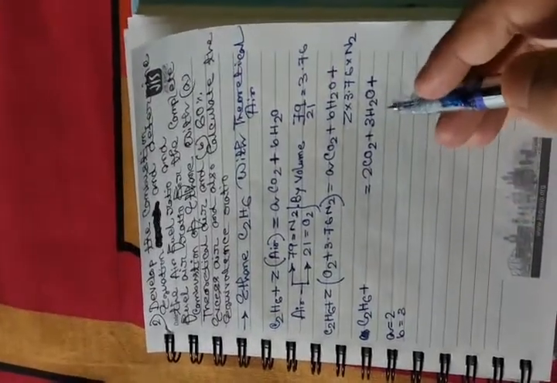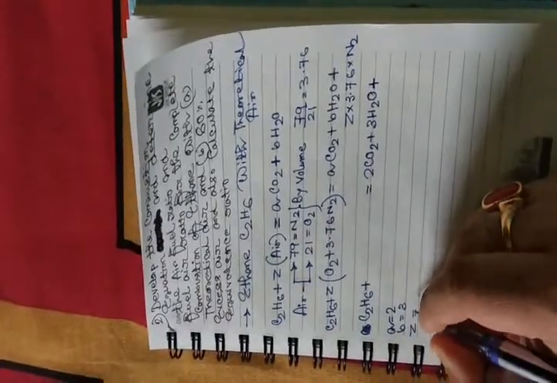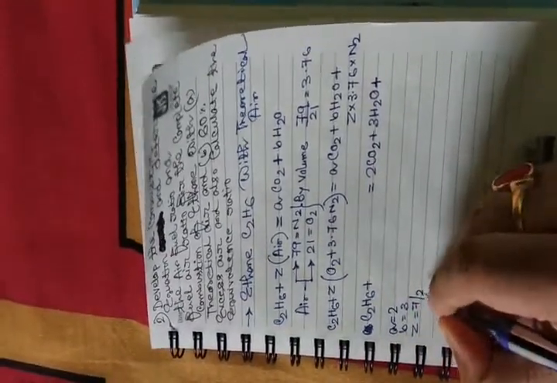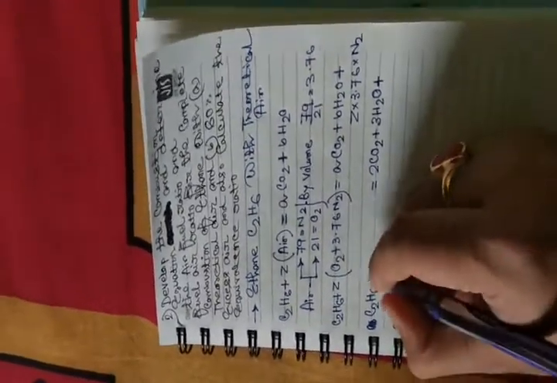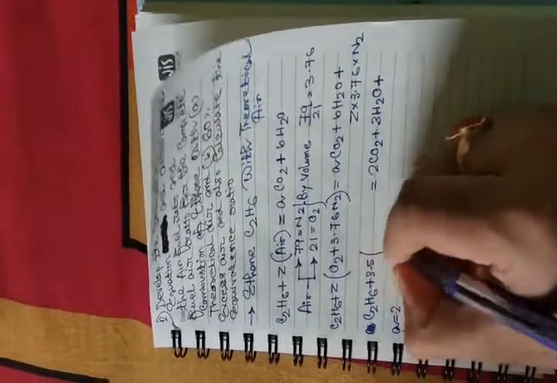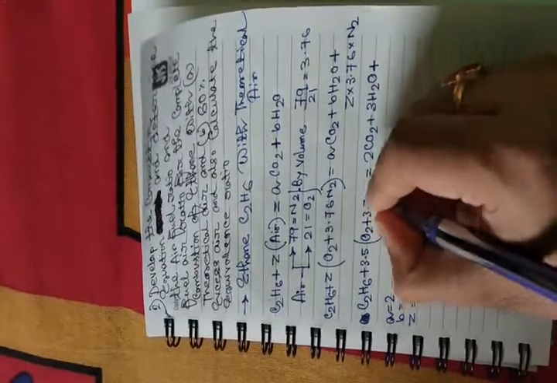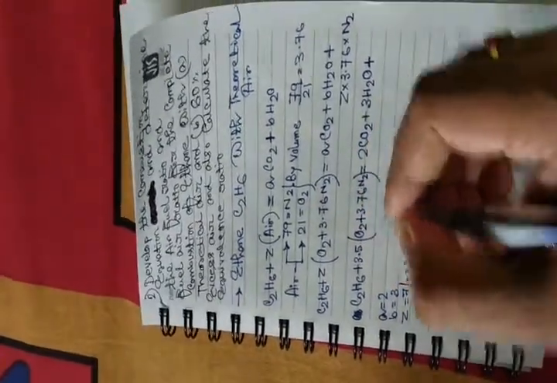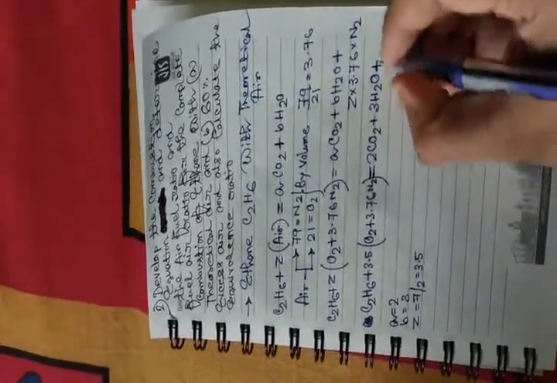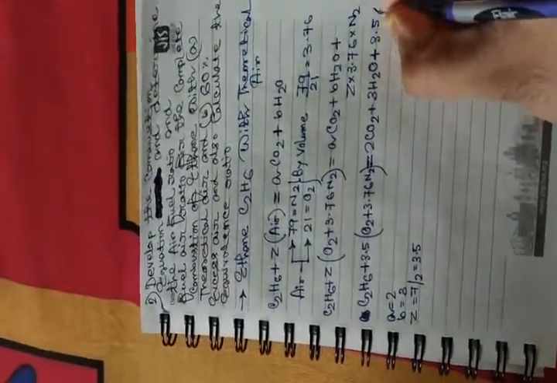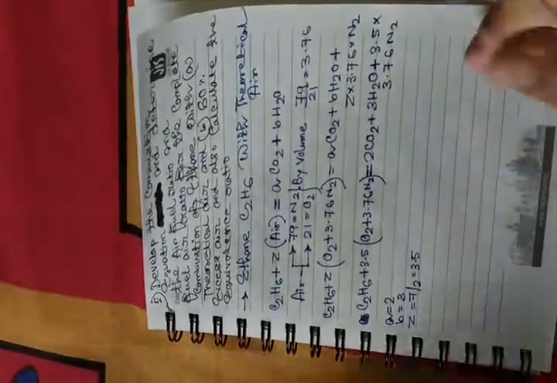So 7 by 2, Z equals 7 by 2, which is 3.5. So 3.5 O2 plus 3.76 N2 gives 3.5 into 3.76 N2.